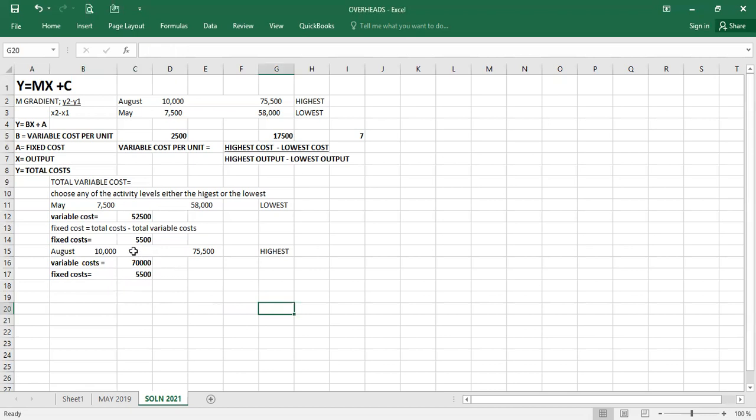And we said that total fixed costs are constant at any given level of output, because here you are seeing at the highest level of output, which was 10,000 units, the total fixed costs remain the same.